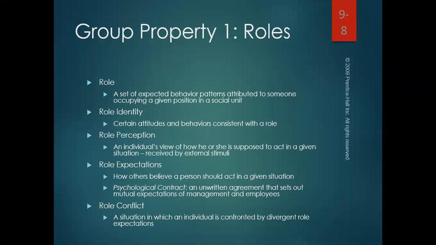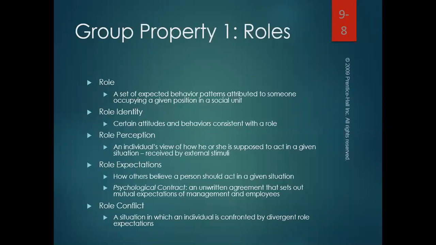Role is basically a set of expected behavior patterns attributed to someone occupying a given position in a social unit. So a person is assigned a specific set of expected behaviors in the organization, which explains the expectations from different kinds of behaviors.